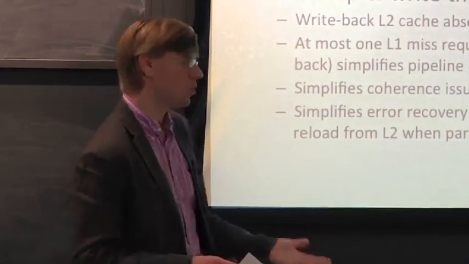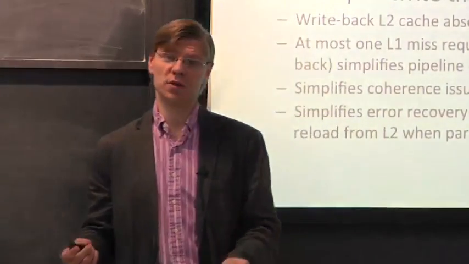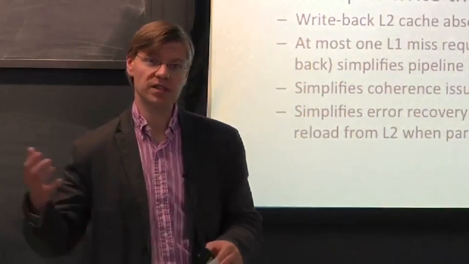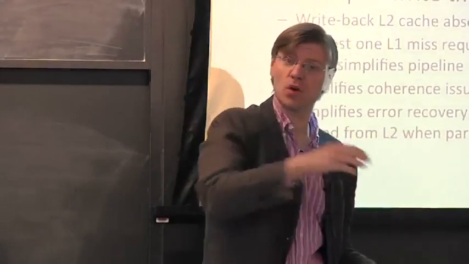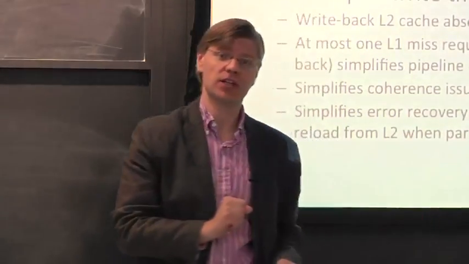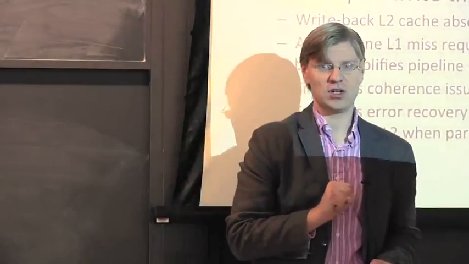Now why is that? Something we're going to learn about is coherence misses. A coherence miss is basically when a different cache reaches across a bus or maybe a network on chip connection and tells a different cache to invalidate something out of its cache.